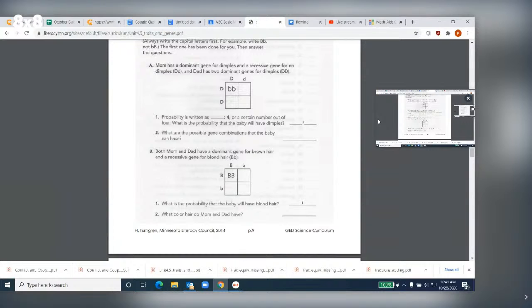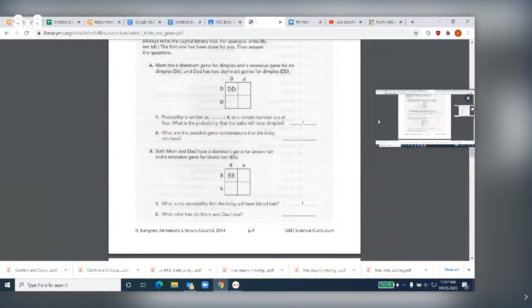That's brown. If mom had blonde hair, she would be lowercase b, but in this example, they both have brown hair. Dad could be BB and mom is B, lowercase b, but when you look at this, both are capital B, lowercase b.